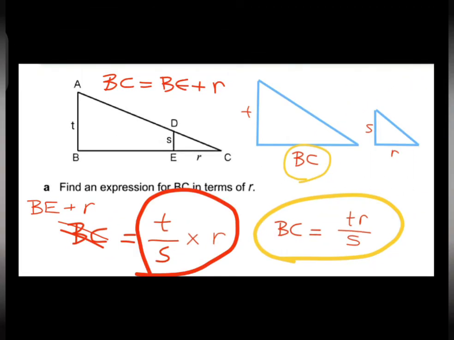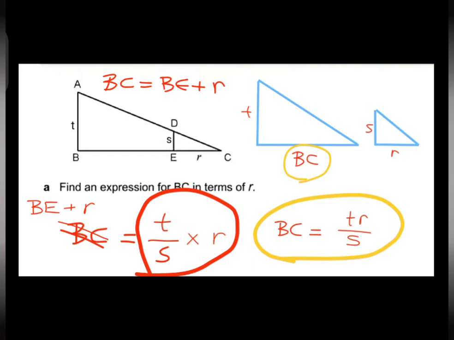T divided S multiplied R, or we can use this equation for it. So it's the same idea, but we changed BC to BE plus R. So we can do this, and then we continue with the equation finding BE alone.